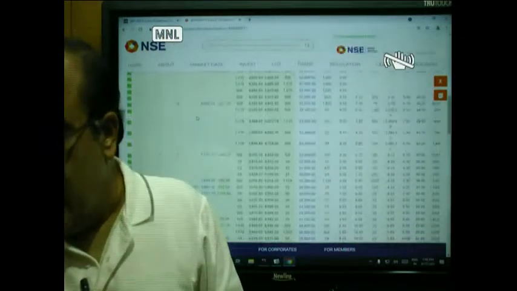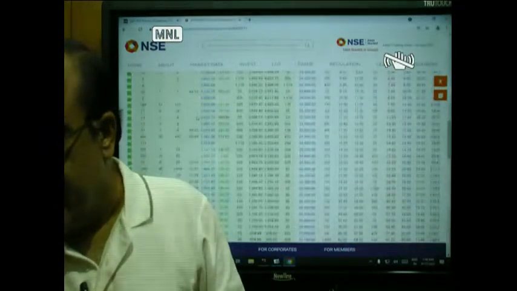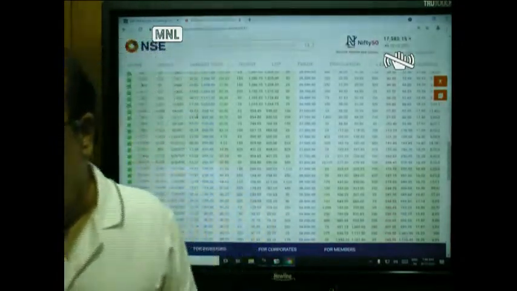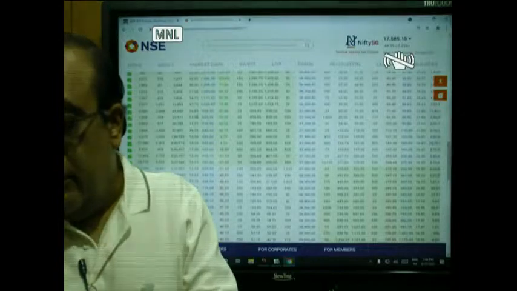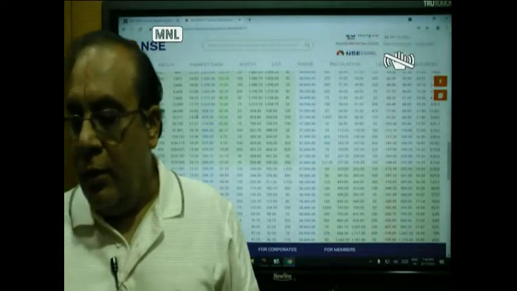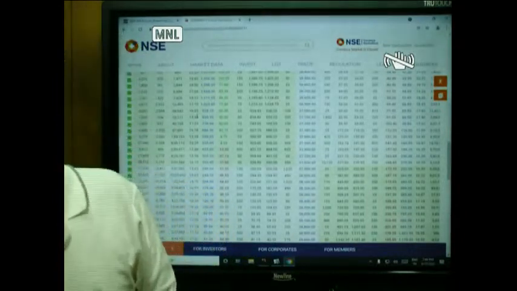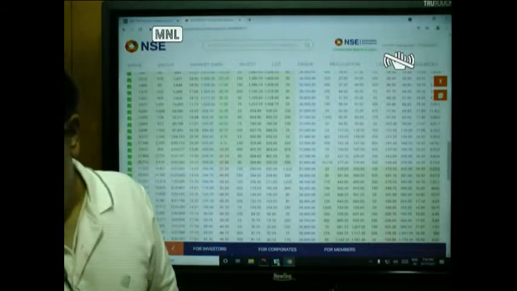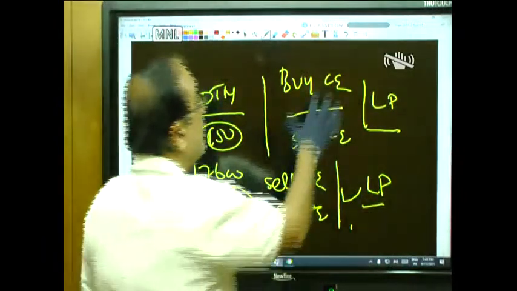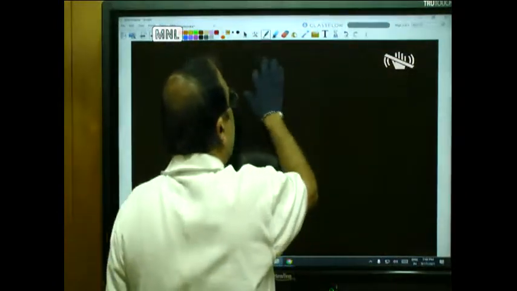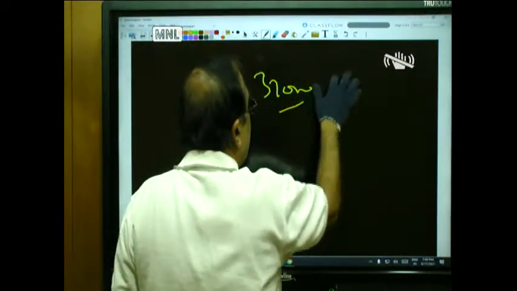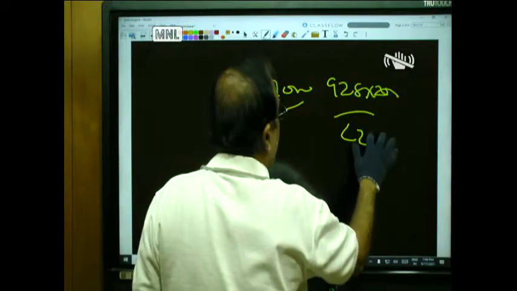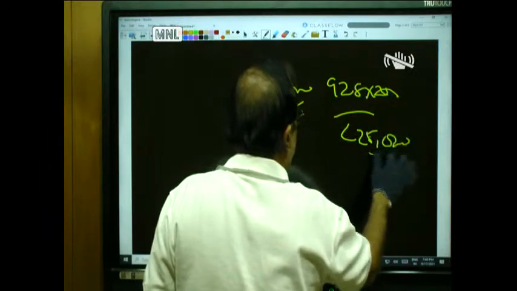This week, if you consider the 37,000 call option, it is going at 928 rupees. So, going by the same logic of a rally, the 37,000 call option is around 928. This is into 25, so it's less than 25,000 rupees, right? That is what we are paying.